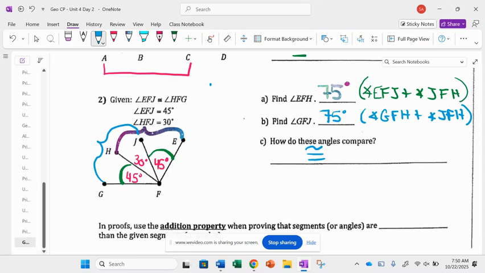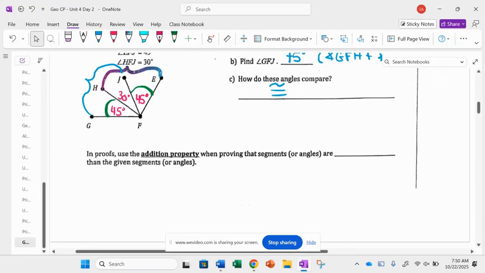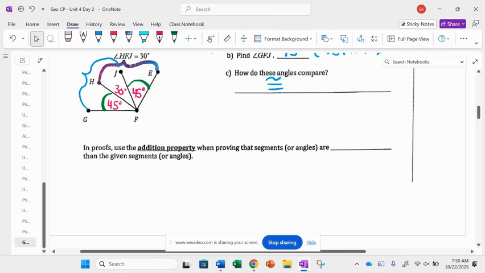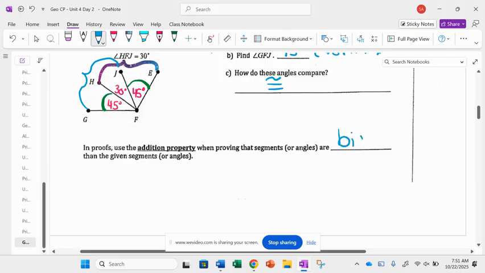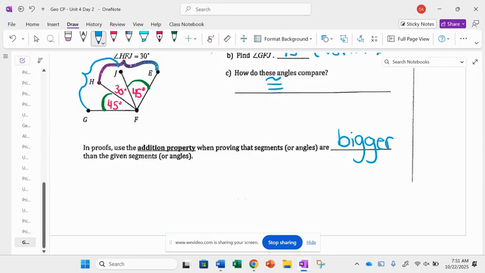All right, in proofs, use the addition property when proving that segments or angles are bigger than the given segments or angles.